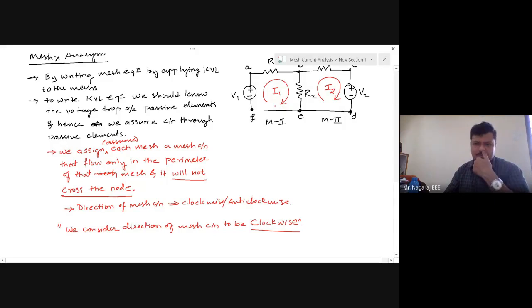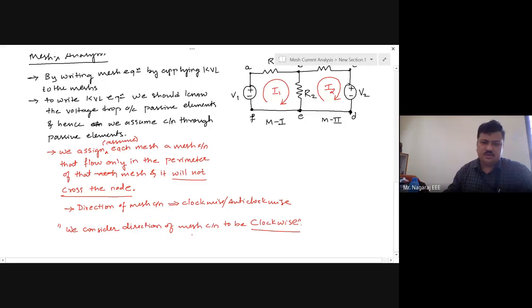Then accordingly, I should mark the polarity of voltage drop across each passive element, and I should write the KVL equation. That will take more time, and because the time is almost up, only 5 minutes left for the next class, we'll stop it here.